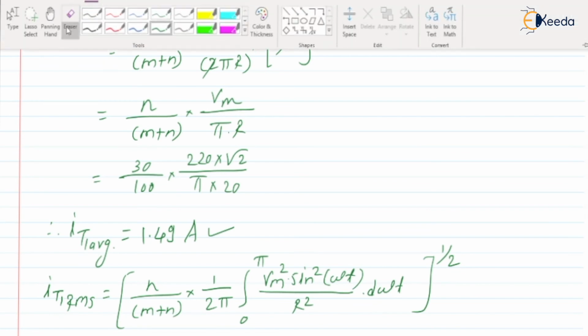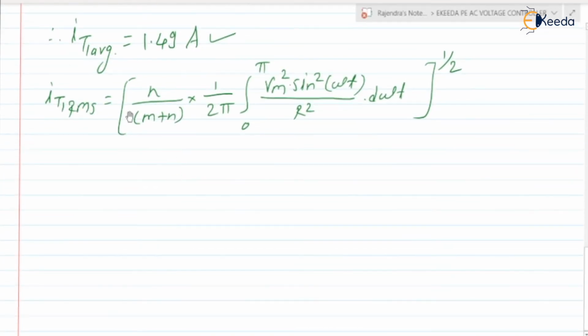So we can simplify it as follows. Please take Vm square by R square outside, so it is under root N upon M plus N into Vm upon under root 2 pi into R. Please be careful, this R is outside of the square root.